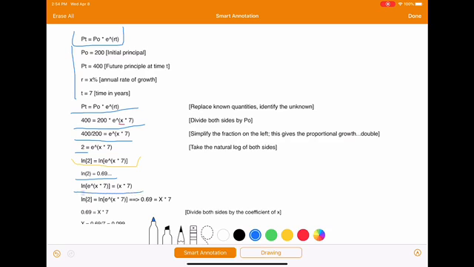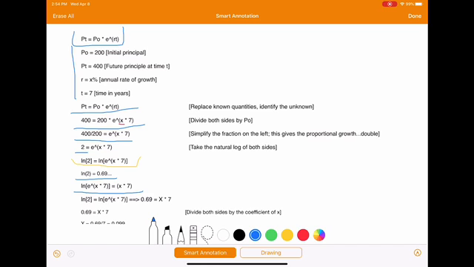We won't put e to the power of x times 7 into the natural log because we understand natural logs well enough to understand that if you have e raised to a power and you take the natural log of that, you just get back the power. That's by definition, and that's why we're interested in natural logs in this case.